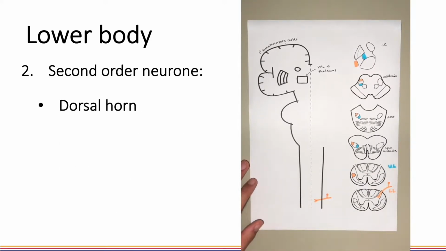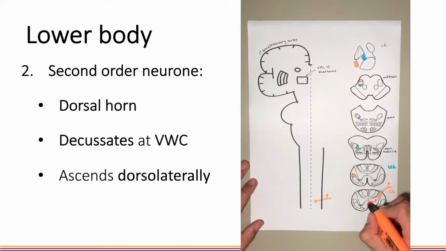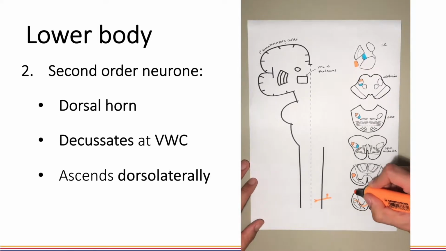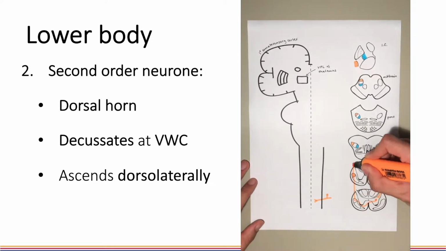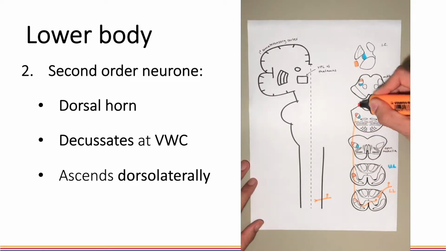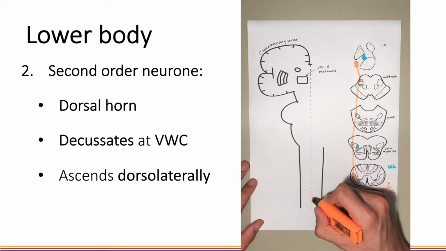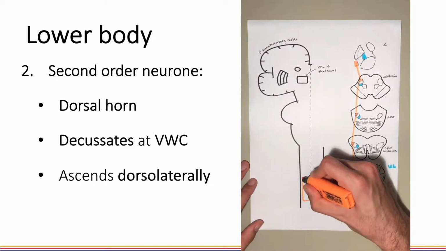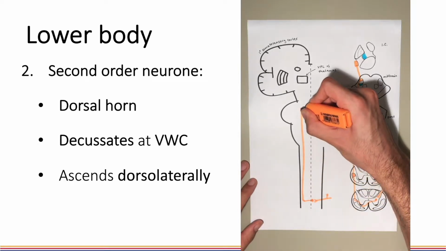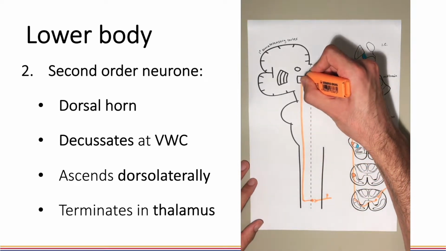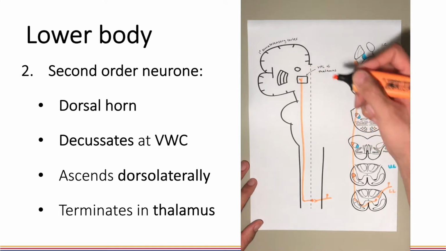Here it synapses with the second order neuron, which ascends dorsolaterally in the cord after decussating at the ventral white commissure. It terminates in the ventro-posterolateral nucleus of the thalamus.